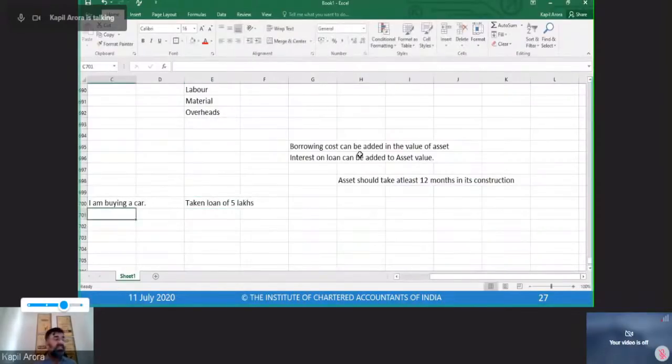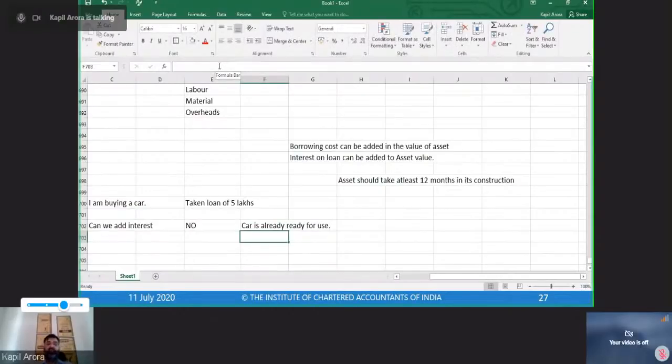Can we add interest in the car value? Answer is no. Why? Because the car is already ready for use, and it is not going to take more than 12 months.